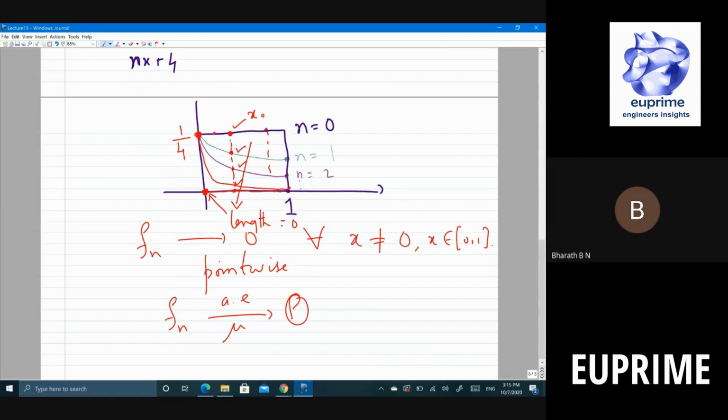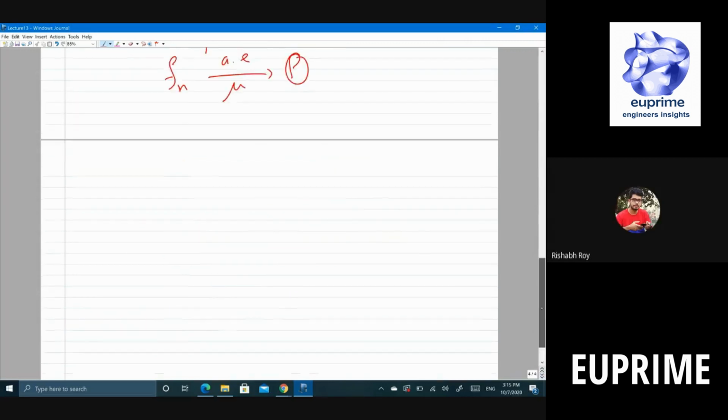But I don't care about that, right? Who cares about not converging at a point which has 0 measure? So that's when we say that fn converges to 0 almost everywhere. Which makes sense, right? Almost everywhere means everywhere, but one point which I don't care. Is this fine? Yes.